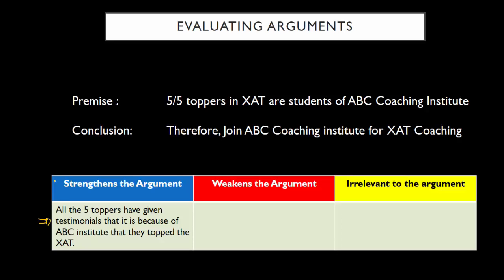I'm not saying this will make the argument 100% valid. All I'm saying is it supports the argument being made, supports the assumptions and gives weightage to the argument. So if all the five toppers have given testimonials that it is because of ABC Institute that they topped the XAT, that means there is merit in joining this particular coaching institute.